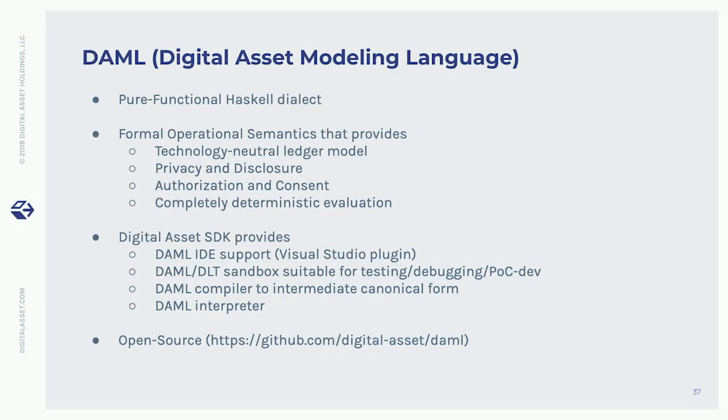It runs on anything from Postgres through to your choice of a blockchain, depending on what your actual requirements are. The language also provides a model for privacy and disclosure, as you saw, authorization and consent, and completely deterministic evaluation.